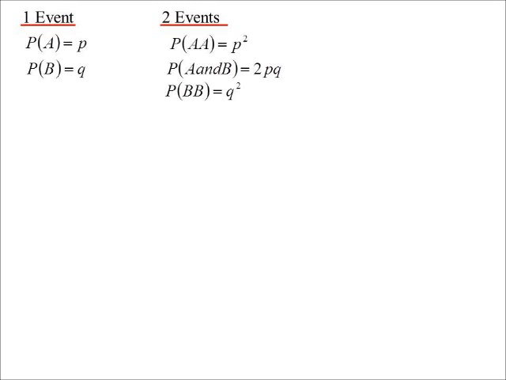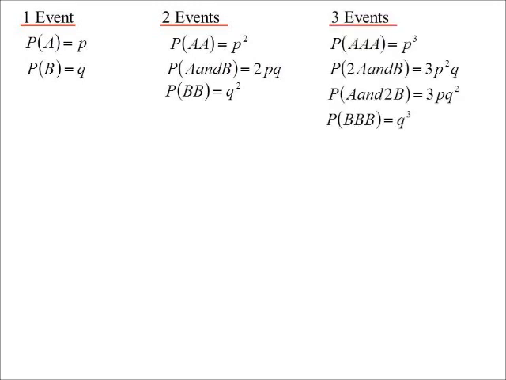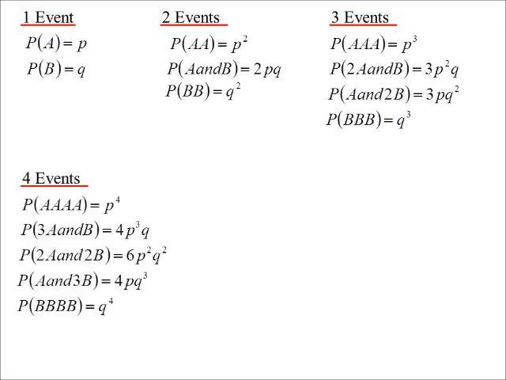Look at those: P squared, 2PQ, Q squared. If we look at three events: P cubed, 3P squared Q, 3PQ squared, Q cubed. If we look at four events: P to the 4, 4P cubed Q, and so on. They're exactly the same as the expansion of our binomial.